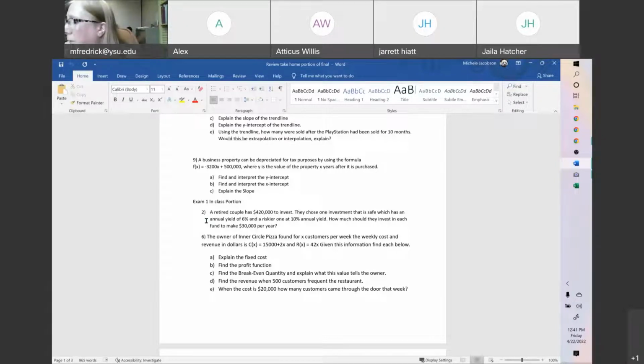For instance, X is the amount put in one of the rates, which I'll do the 6%. And Y is the amount at 10%.